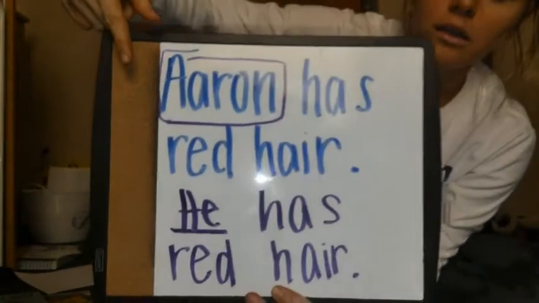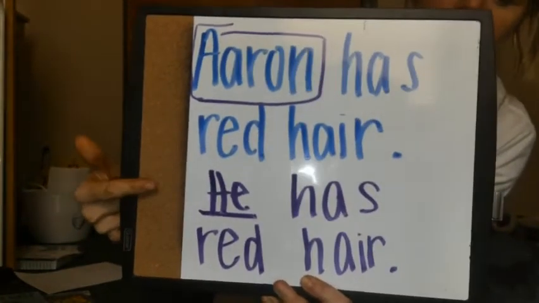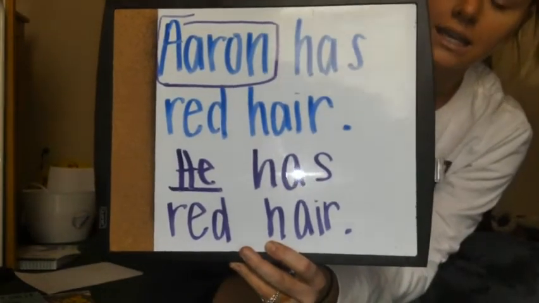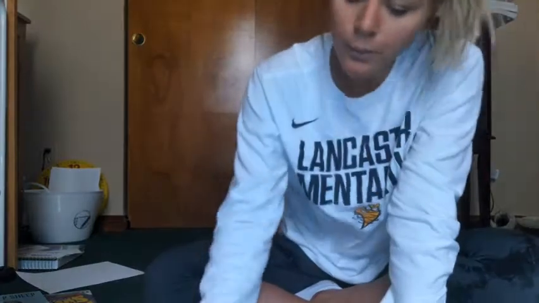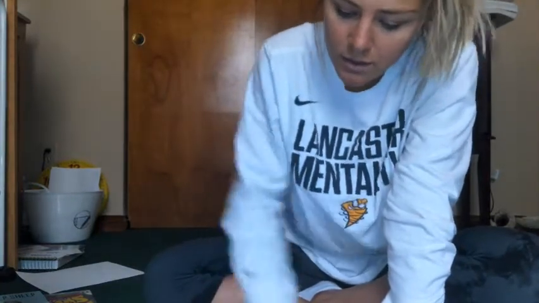So you can take out Aaron's name and put in he. That is exactly what a pronoun does. It takes out the noun and places in a word, a pronoun like he. If I was talking about a girl, I would use she. If I was talking about a group of people, I would use we. So let's do one more and then we'll do our paper.